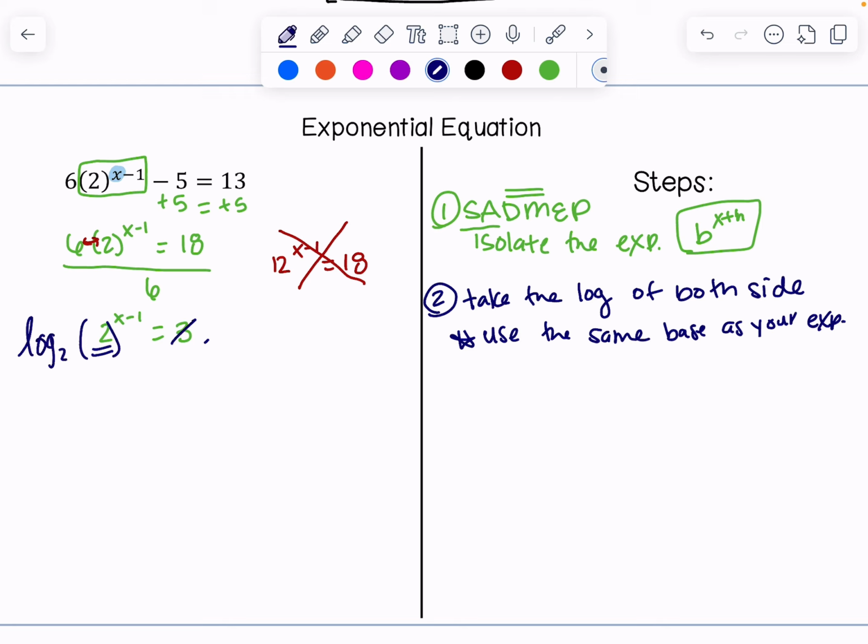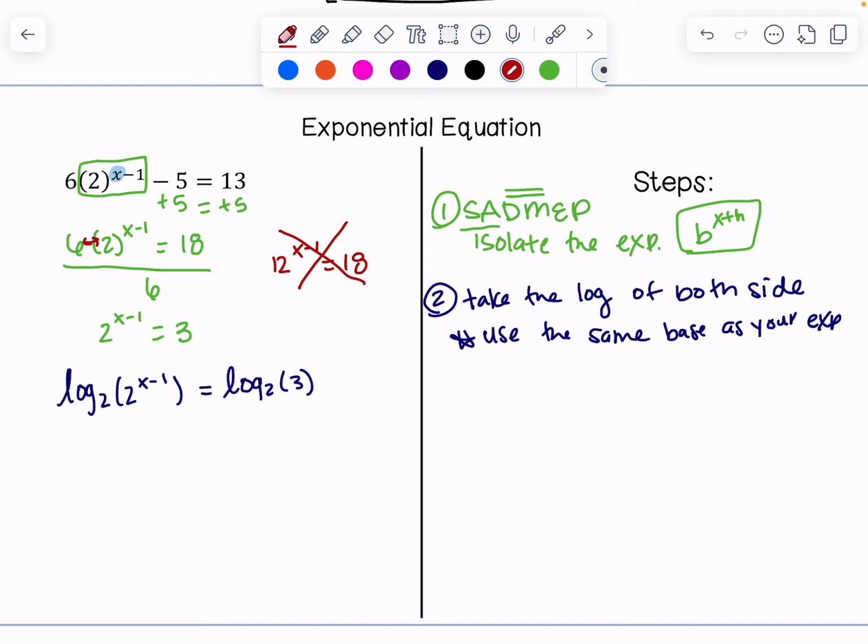I don't really have room to write it here, so I'm going to rewrite that a little bit beneath everything so we can see it better. What I end up with is the log base 2 of 2 to the x minus 1 is equal to the log base 2 of 3.